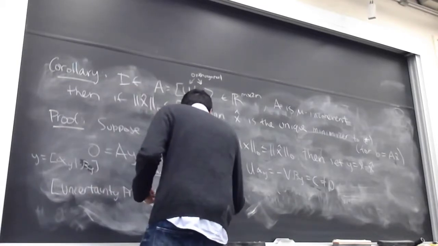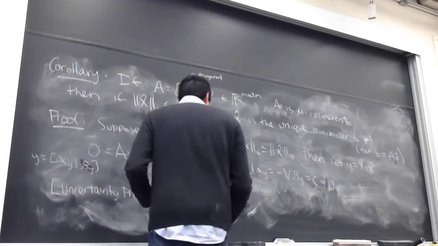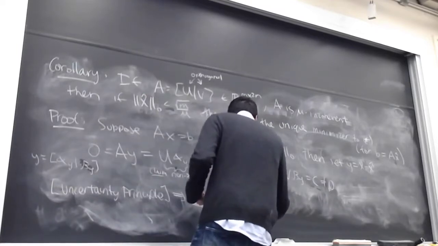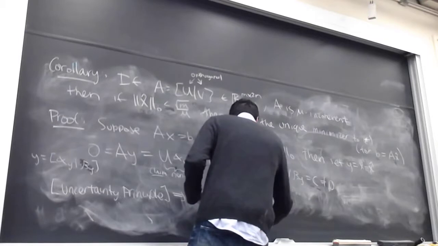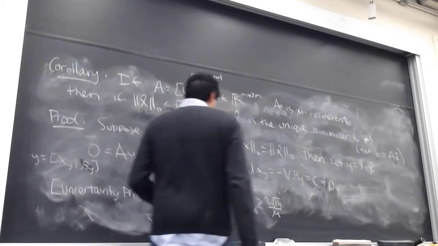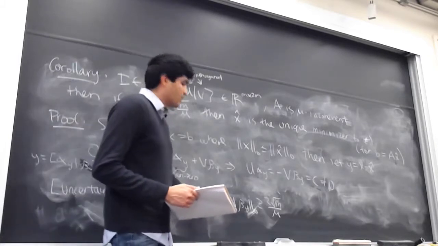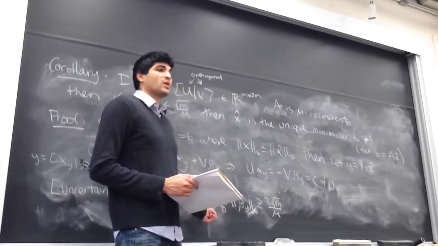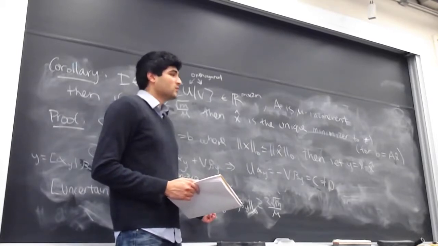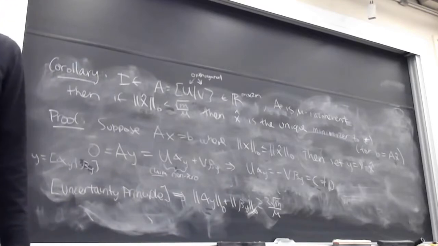that the number of non-zeros in alpha y plus the number of non-zeros in beta y is itself at least 2 root m over mu. And I claim that this has a nicer expression that we can use instead. So can anyone tell me what this left-hand side is in terms of y?